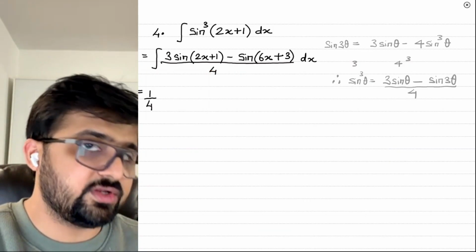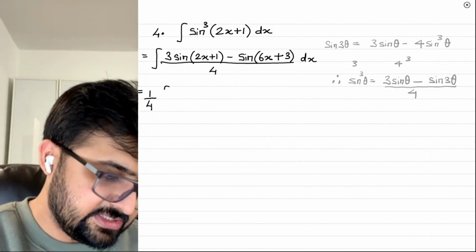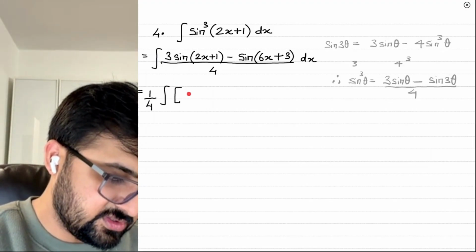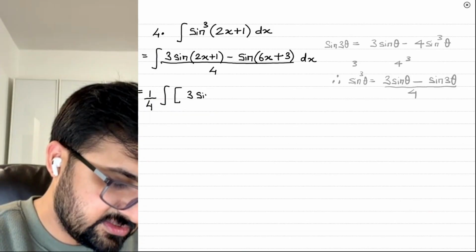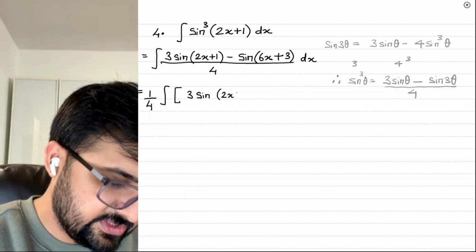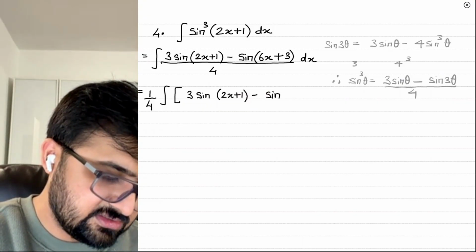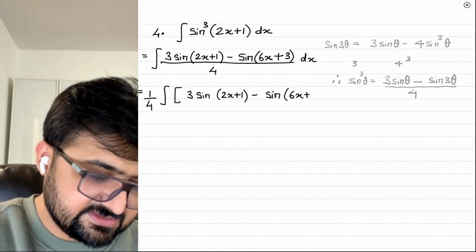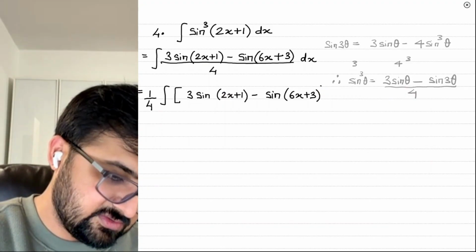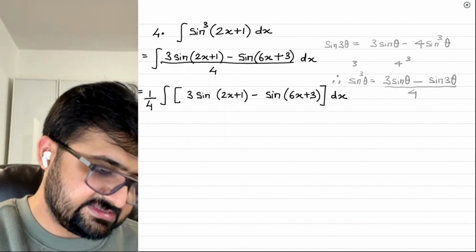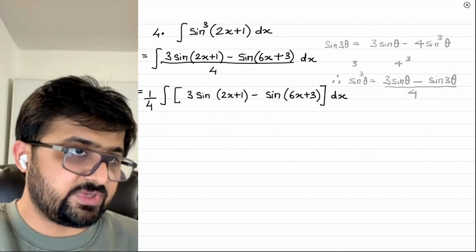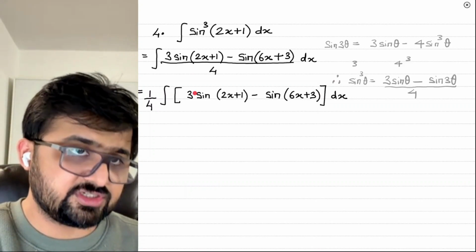So you get 1 over 4 integration of 3 sine 2x plus 1, minus sine 6x plus 3, close the bracket, and dx. Now it's very easy, just give the integral to both the terms.